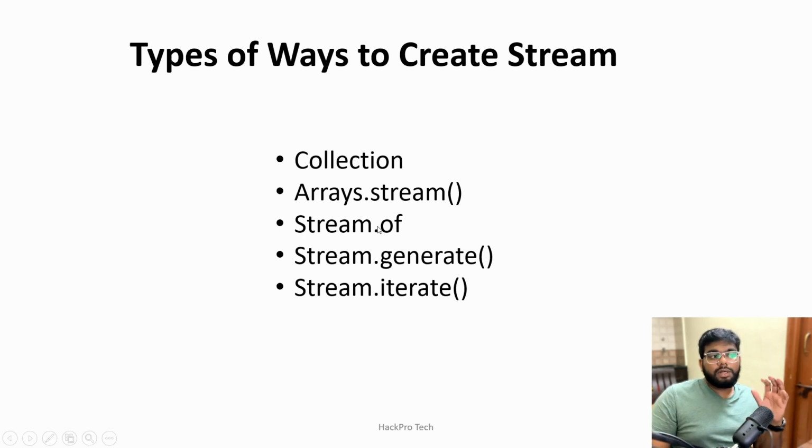The third is Stream.of, and the fourth is generate, and Stream.iterate also we can do. Stream.generate and iterate both give results in an indefinite loop, which you will understand when seeing the example.